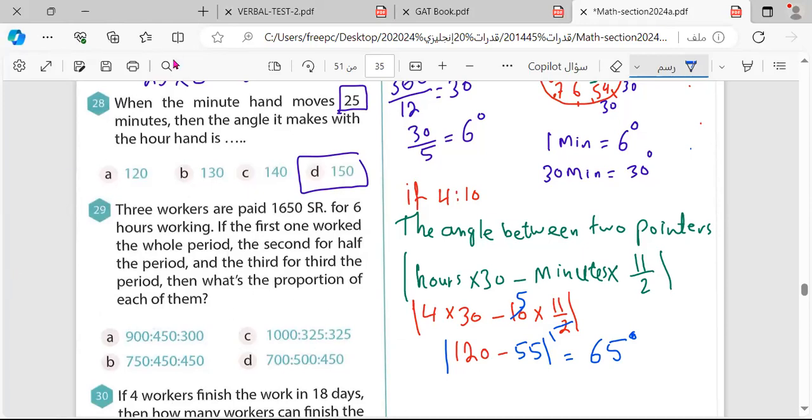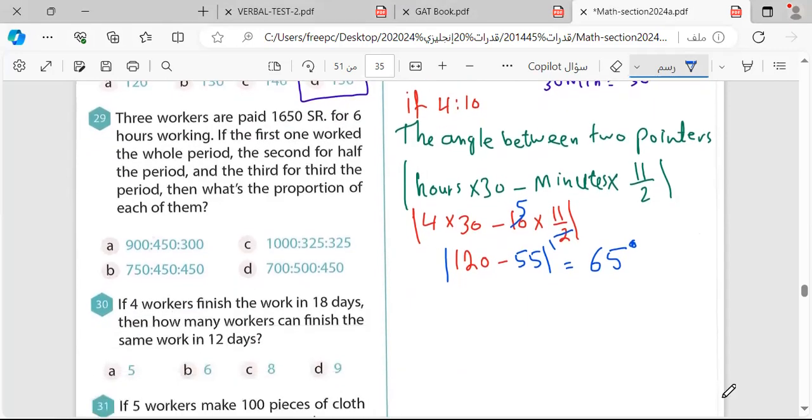Okay, 29. Nawrat, read please, 29. Three workers are paid 1,650 reals for 6 hours of working.